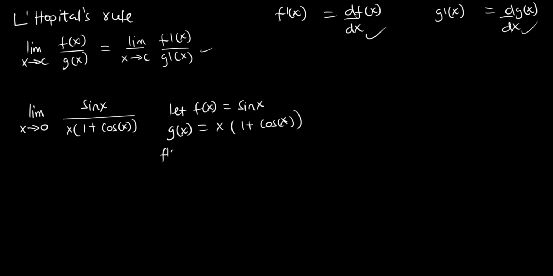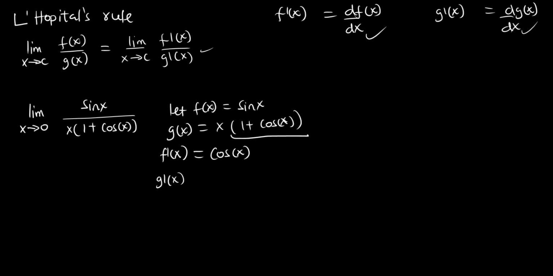f prime of x will be equal to the derivative of sine x, which gives us cosine of x. Now let's find the derivative of g of x, which will be g prime of x. I'm going to apply the product rule here. First of all, I'll find the derivative of x, then I'll keep this side as a constant.